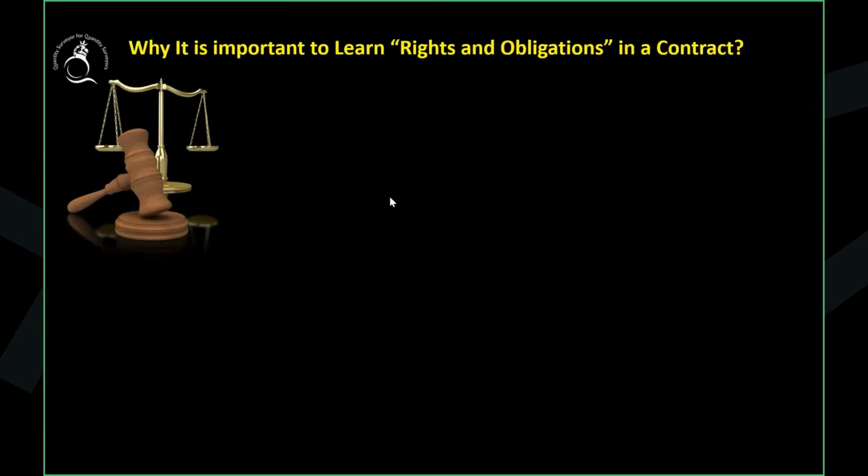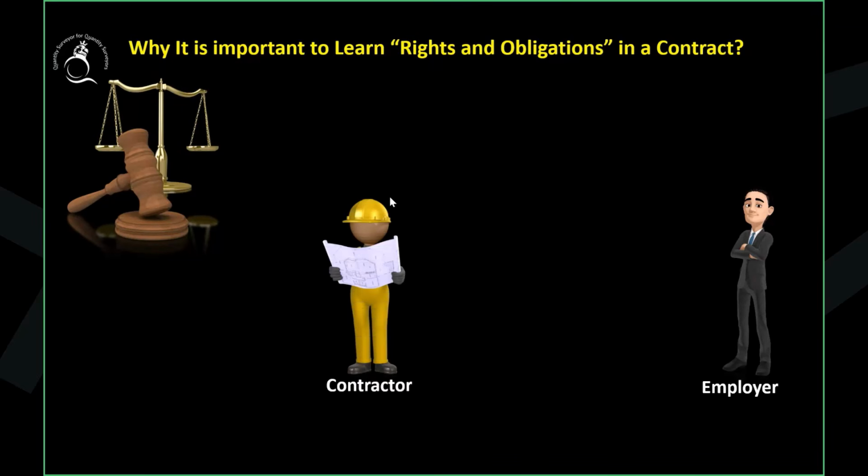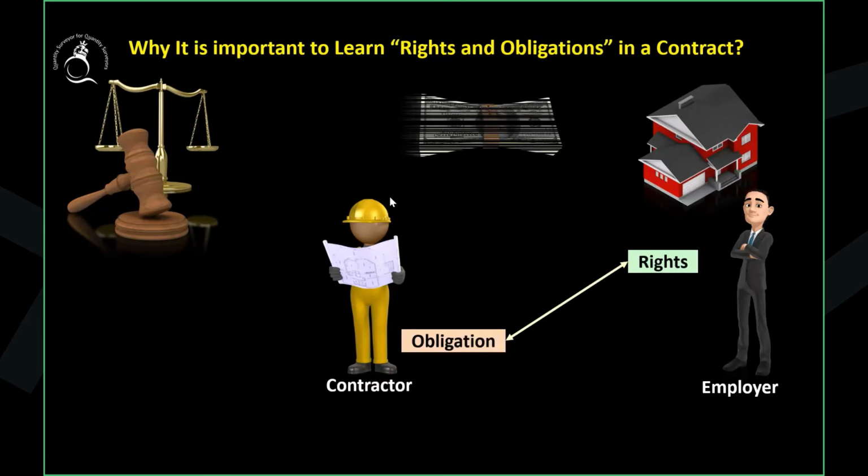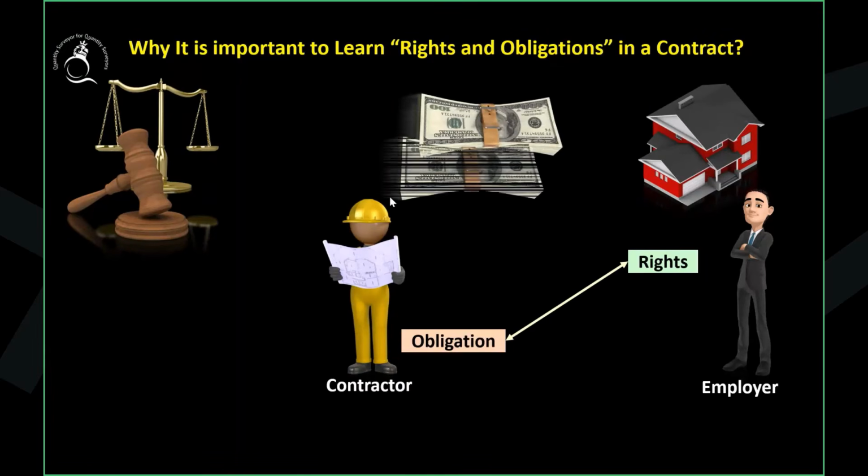Okay, so why is it important to learn rights and obligations in a contract? Now you should understand that. There's an employer in the contract. There's a contractor in the contract. What does the employer want? He wants to build the house or building as per the drawing and specification. That is his right. The contractor's obligation is to build the house according to the employer's requirement.